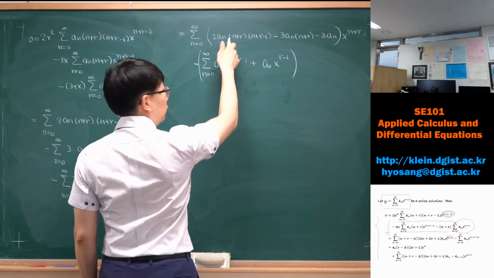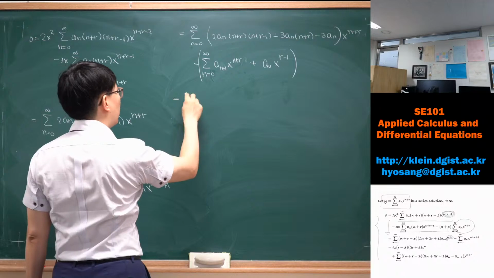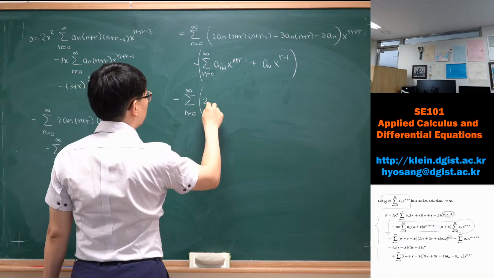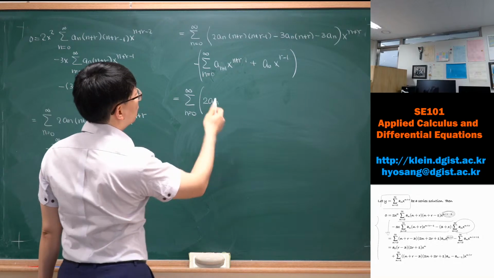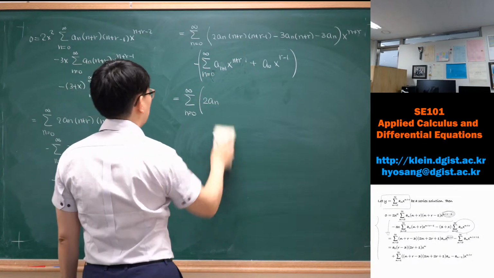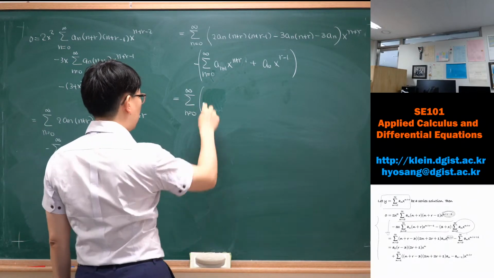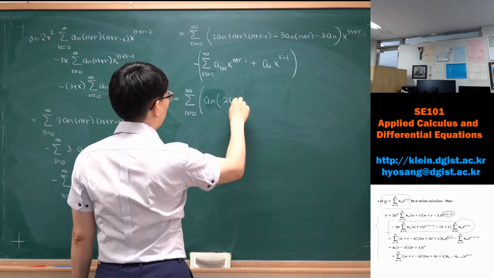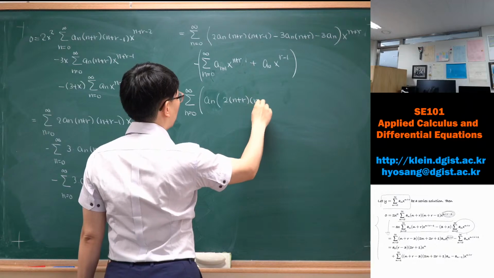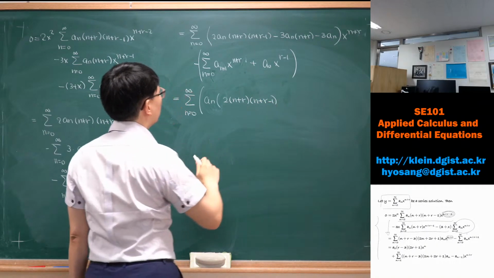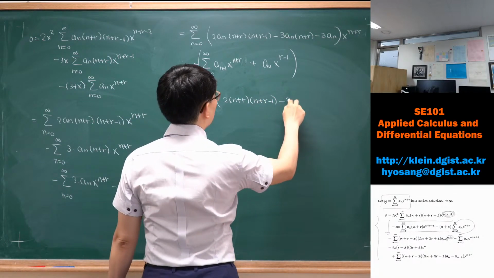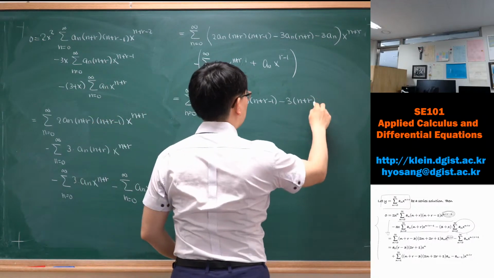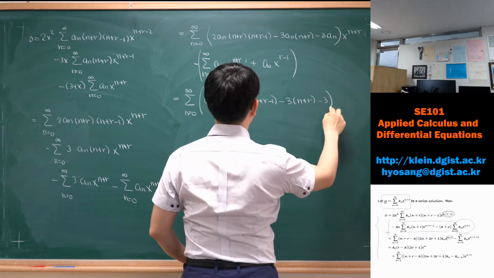Now we can combine these two summations. It becomes the sum from n equals 0 to infinity of a_n times [2(n plus r)(n plus r minus 1) minus 3(n plus r) minus 3].